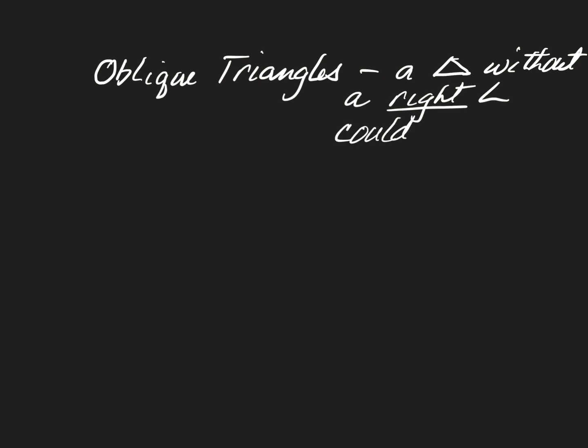This means these triangles could be either acute, where all the angles are less than 90 degrees, or they could be an obtuse triangle where one of the angles is greater than 90 degrees.